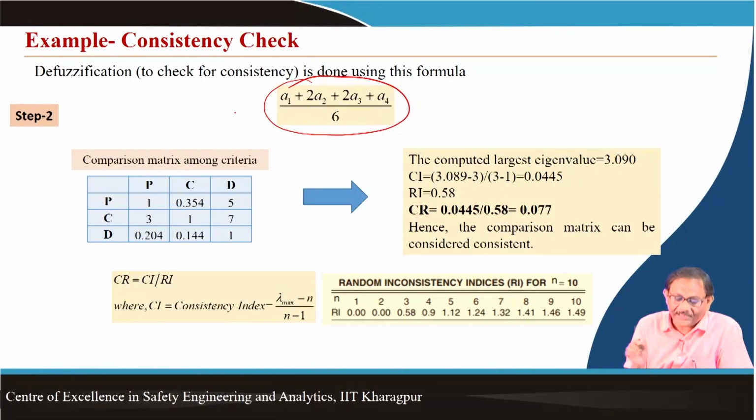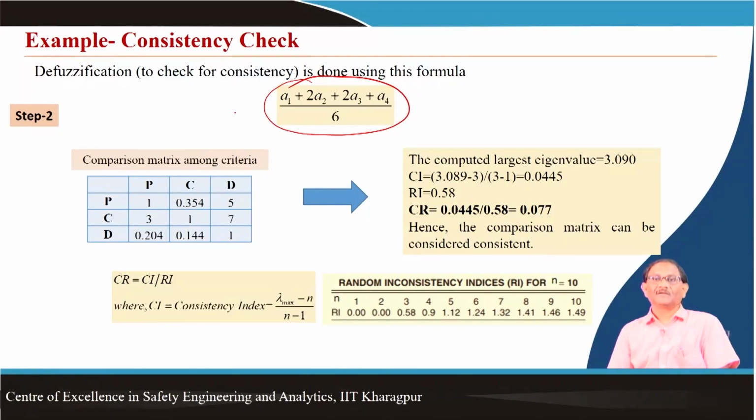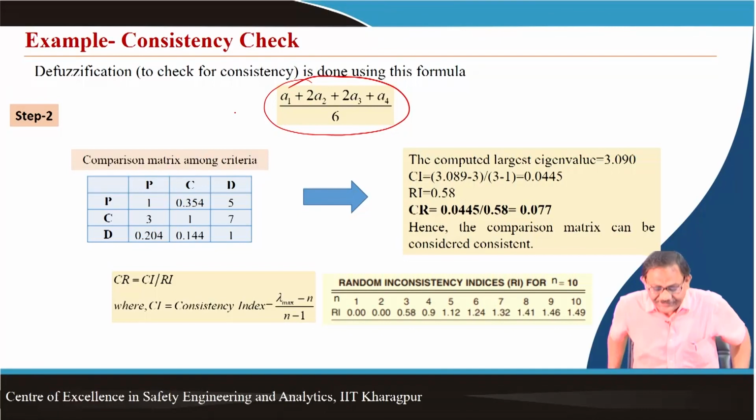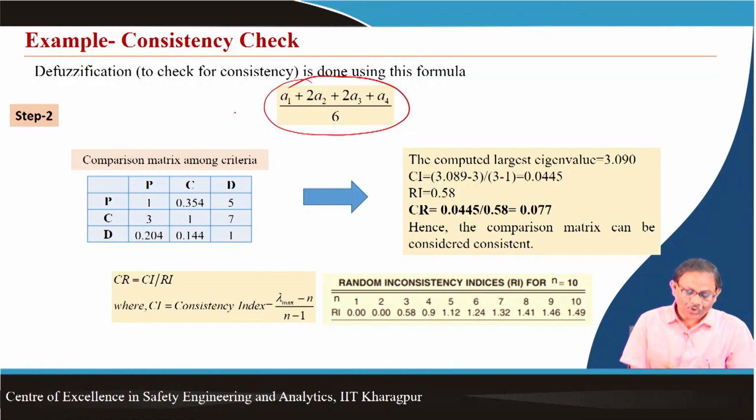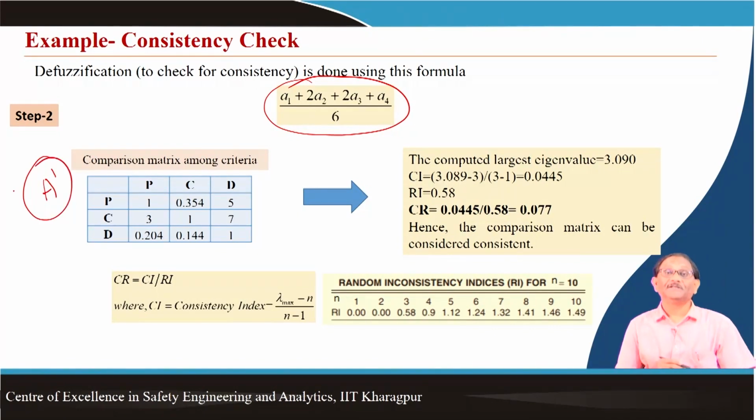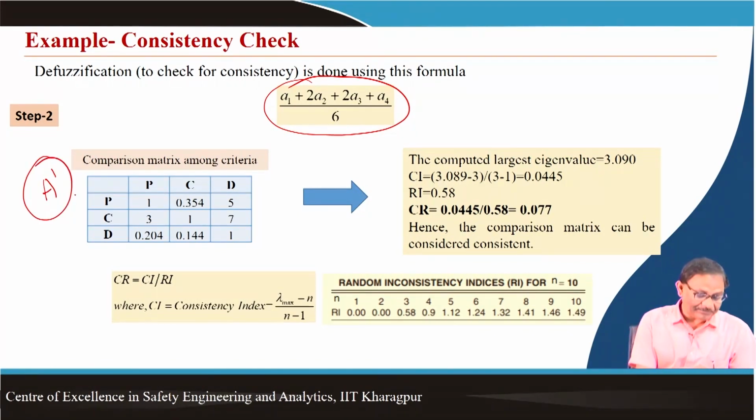In this kind of pairwise comparison case, this formula is extensively used. Definitely there are certain reasons, so you identify those reasons. For the time being, from the literature I found that this is the mostly used. So using this, in step 2, you created the defuzzified pairwise comparison matrix.